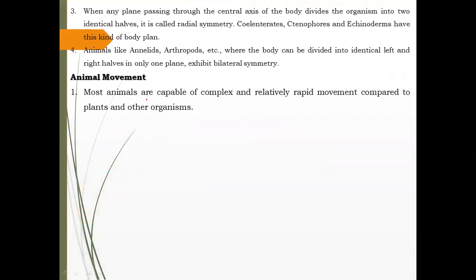In the previous lecture, we learned shape, size, symmetry, and habitat of animals. Now today we start the next point, that is animal movement.